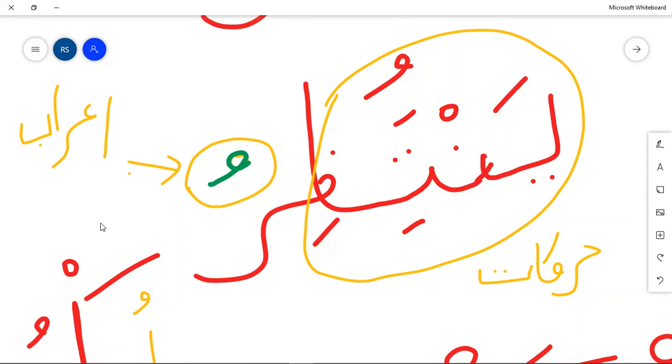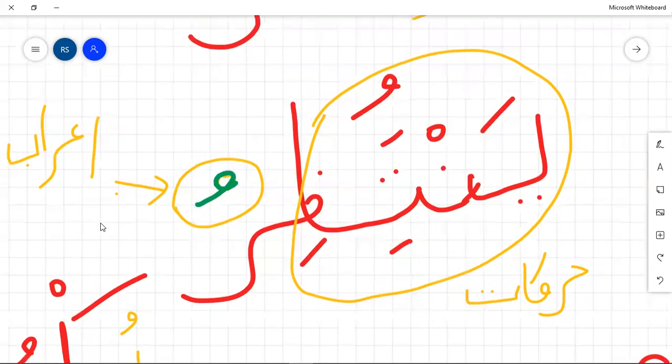What is the difference between Harakat and I'rab? Harakat are the vowels in the letters, while the I'rab is the last vowel. Harakat do not change according to the sentence, but I'rab changes according to the sentence.